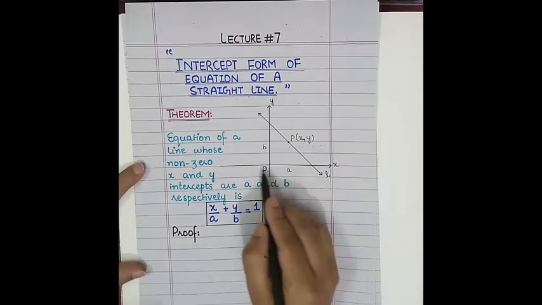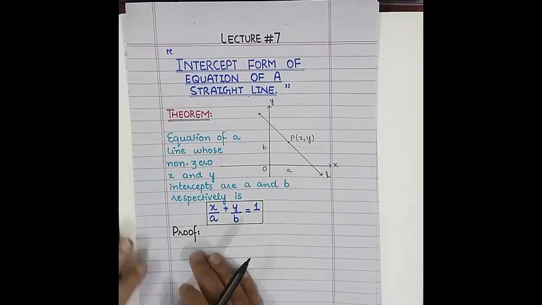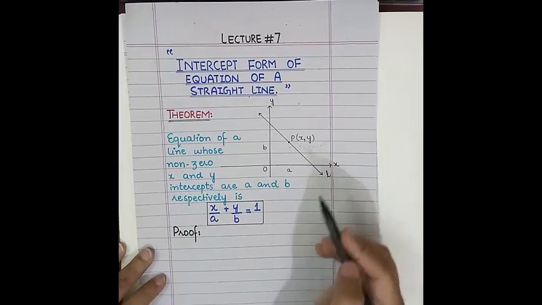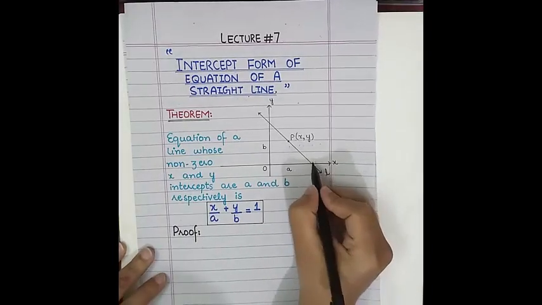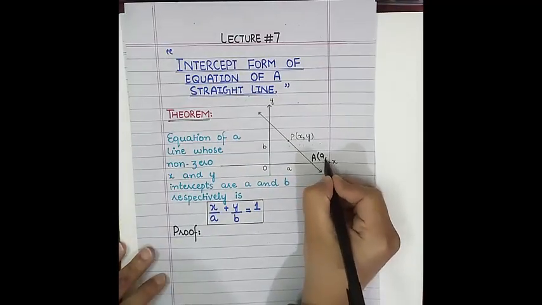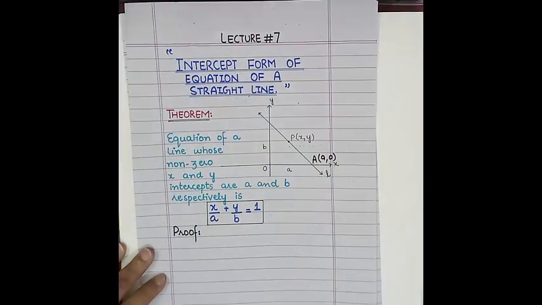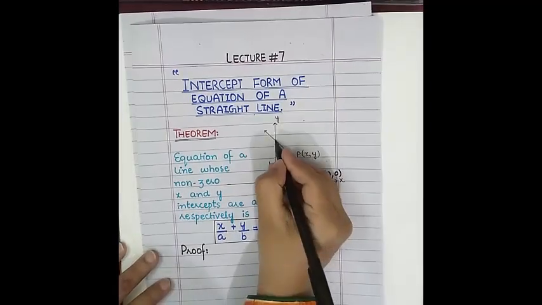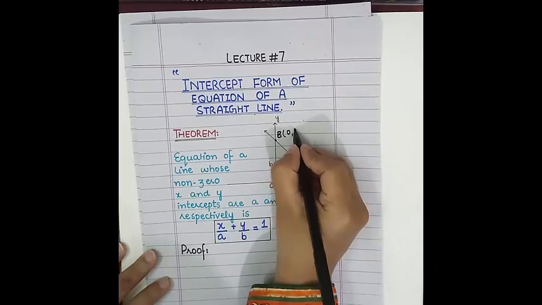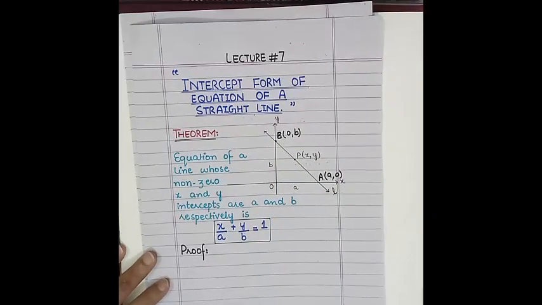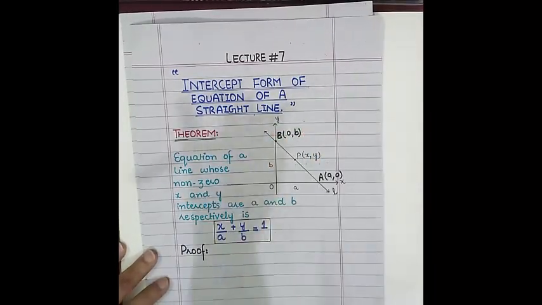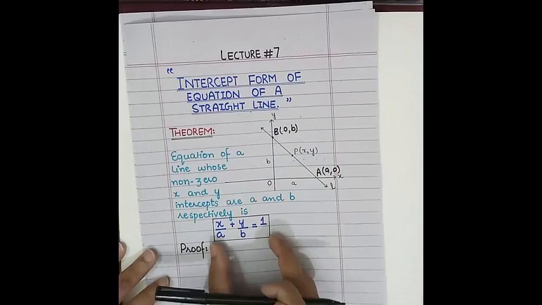Let me label this side as A and this side as B. Suppose this line L cuts the x-axis at point A, (a, 0), and the y-intercept is (0, b). Now we have to prove that the equation of this line, because of these two non-zero intercepts, is this.